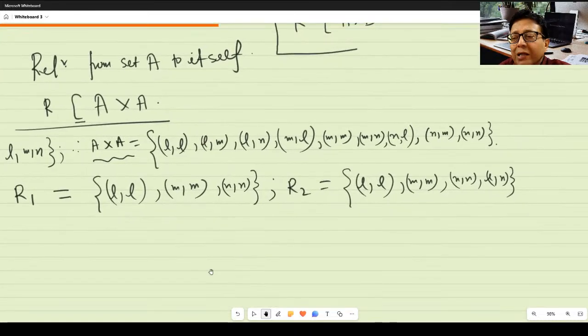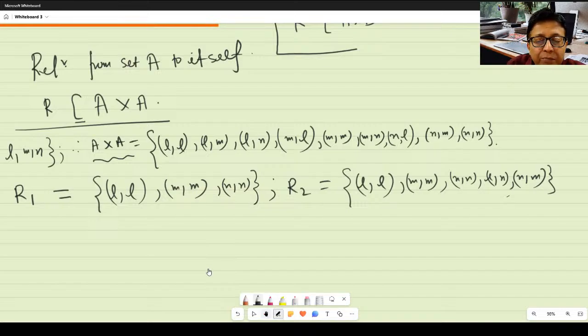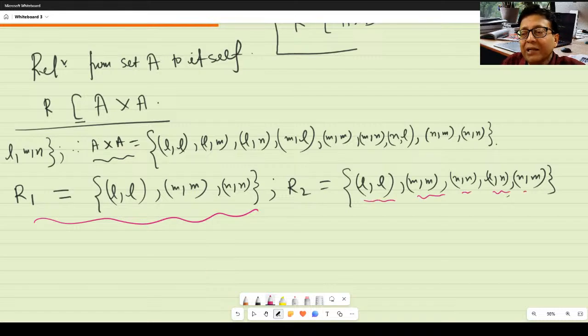There may be more elements. If somebody writes another element N comma M, do you find any difference between these two? And can you define mathematically these two relations? What is the difference between them? In this set, all first and second elements are repeated, isn't it? Here, not all repeated, some extra elements are there.